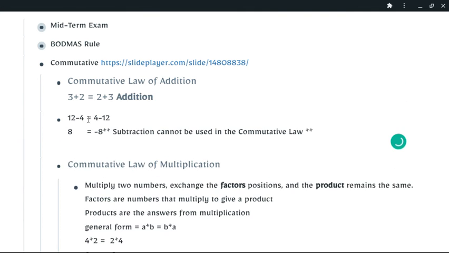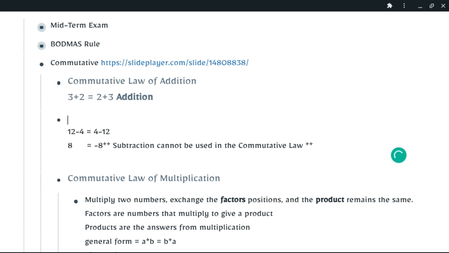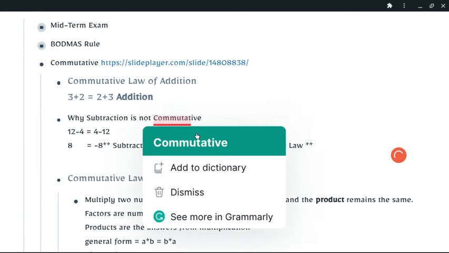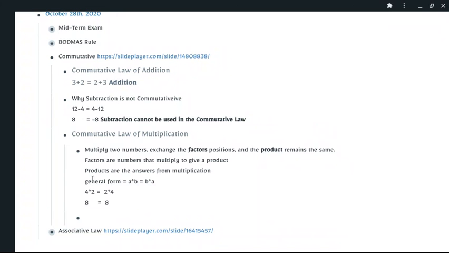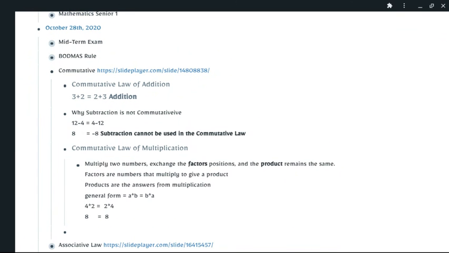And this was why subtraction cannot work. Why subtraction is not commutative. Everybody on the same page? Yes, sir.